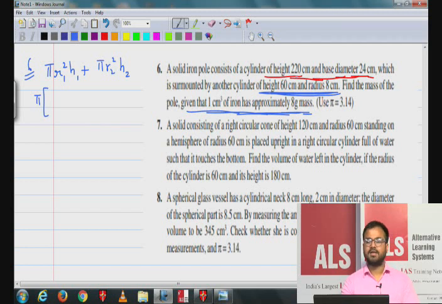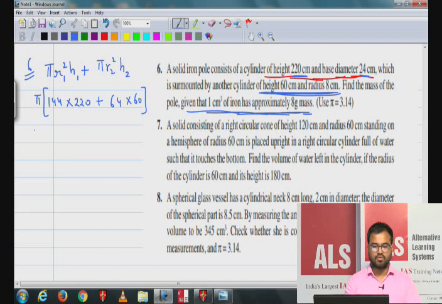So, first cylinder, height is 220 and diameter is 24. Diameter 24 means radius will be 12. So 12 square, 144 into 220, which is the height, plus for the second one radius is 8. So 8 square, which is 64, height is 60. This will be the volume.